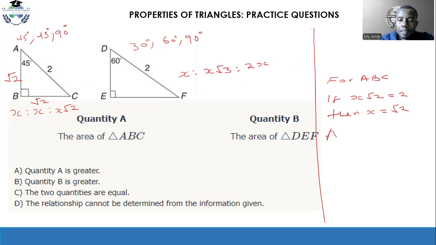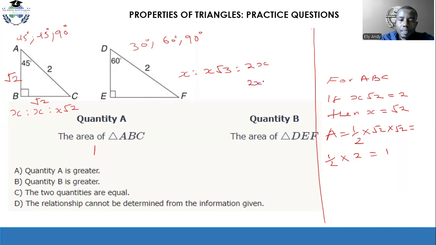So the area will be a half times root 2 times root 2, which is a half times 2, which is 1. So quantity A is 1. Then for the second triangle, we have the hypotenuse as 2.